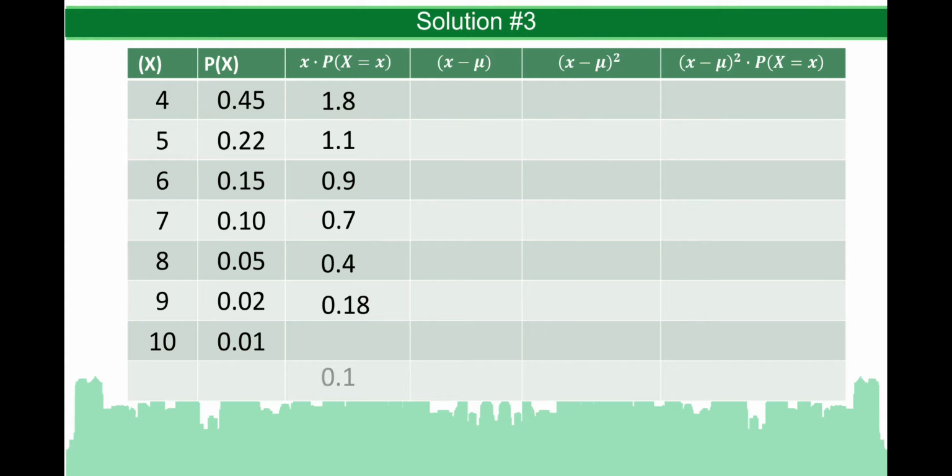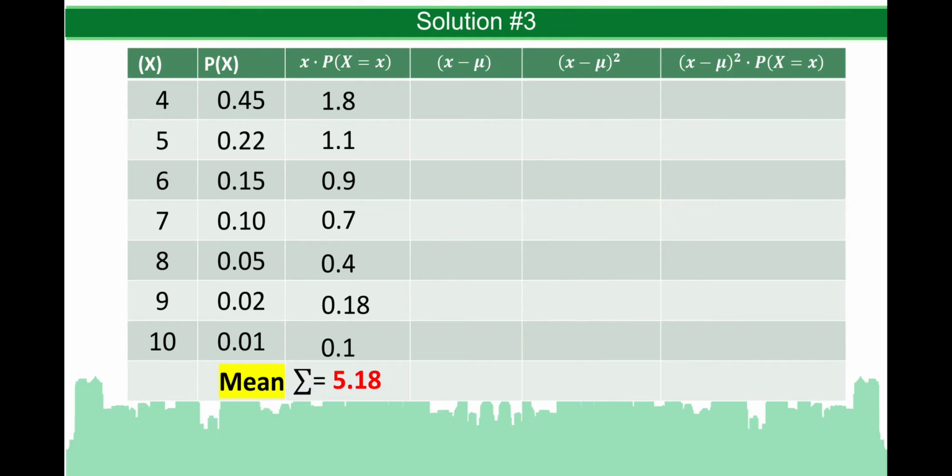And 10 times 0.01 is equal to 0.1. To find the mean, add all the products. So we have now 5.18, which is the value of the mean.